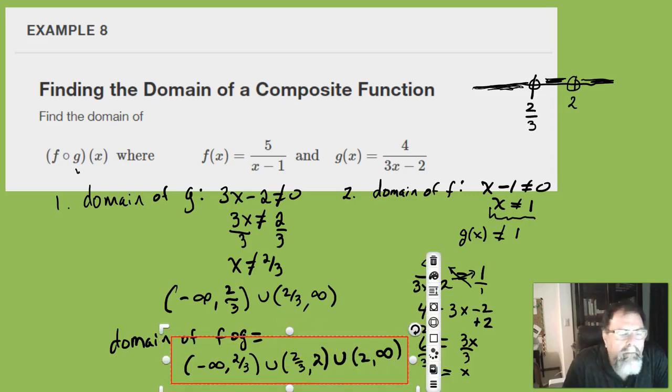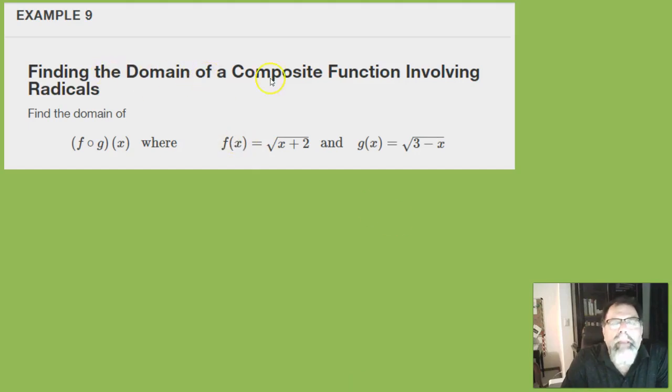Okay. Example 9. Find the domain of a composite function involving radicals. Find the domain of f composed with g of x, where f of x is square root of x plus 2, and g of x is equal to square root of 3 minus x.